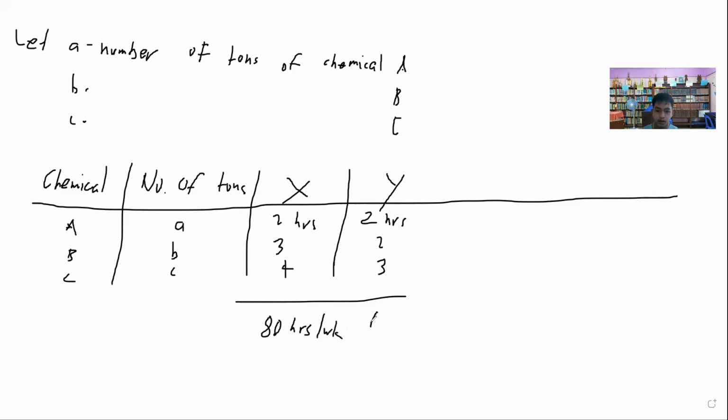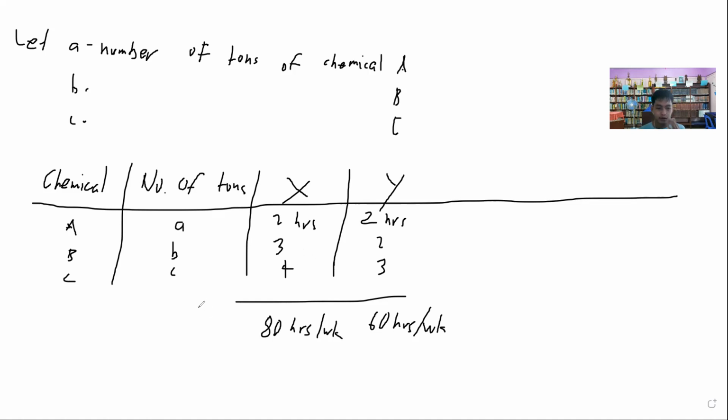Tapos si Y ay 60 hours per week. So, ibig sabihin, dapat yung machine X natin, yung total number of hours niya ay 80.